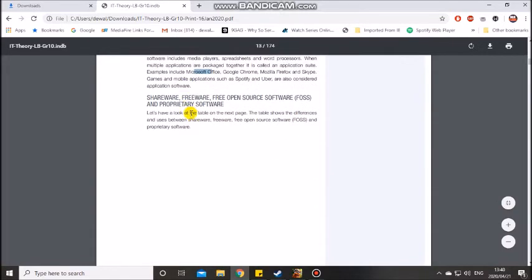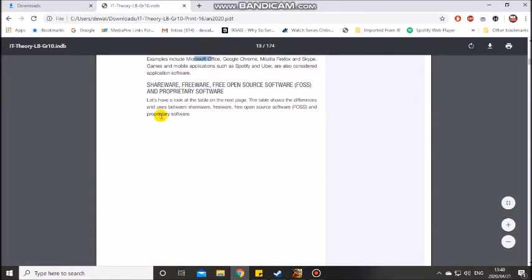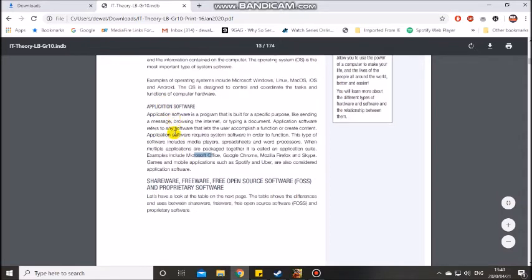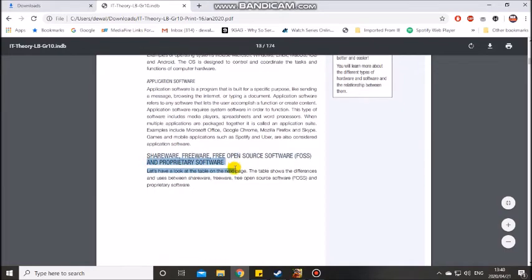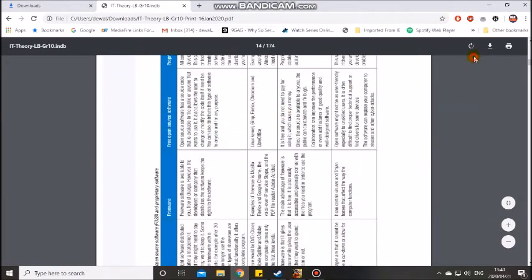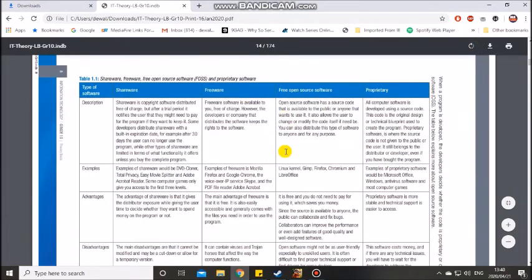Okay, then the types of application software you get are shareware, freeware, open source and proprietary software. So just write this.